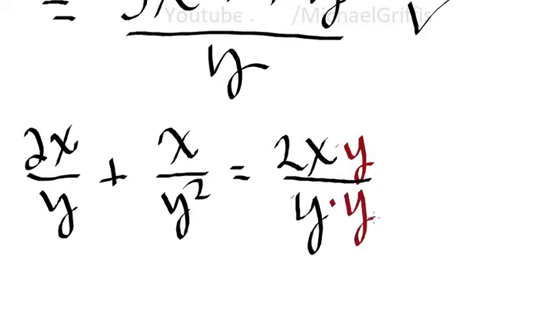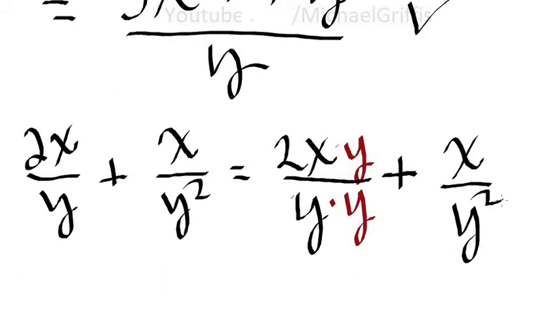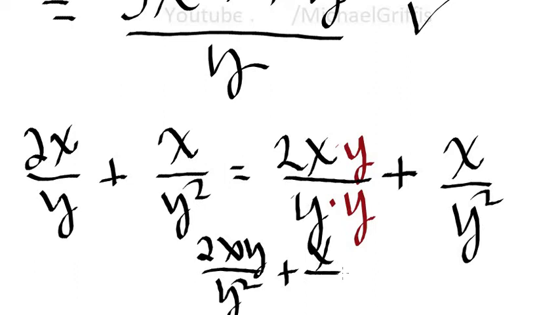So we have y over y plus, and then of course we just rewrite this one here. You see that? So what happens here? We got y squared. Yeah, I pretty much run out of room here. 2xy over y squared plus x over y squared.